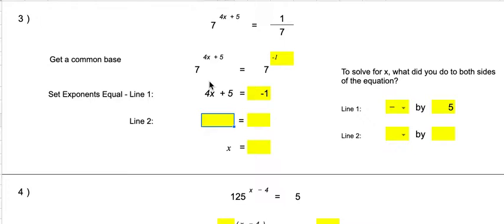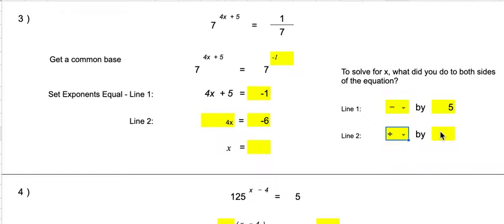So if I minus 5 on this side, I'm only going to be left with 4x, right? That minus 5 disappears. And then over here, I've got negative 1 minus 5 is negative 6. Okay, so then now I need to divide both sides by 4.